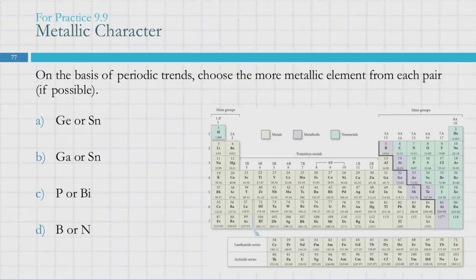Okay. Some trends before we wrap up. We've got Ge or Sn. Which one is more of a metal? Sn. Sn's more of a metal because it's further down. Also, with this periodic table that we have, we can see the metals. Tin's a metal, germanium is a metalloid. So obviously tin is more of a metal. We've got Ga or Sn, so Sn showing up again.